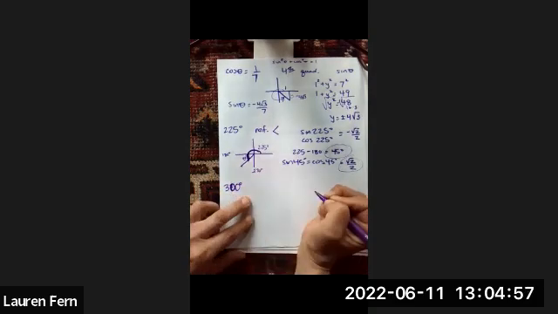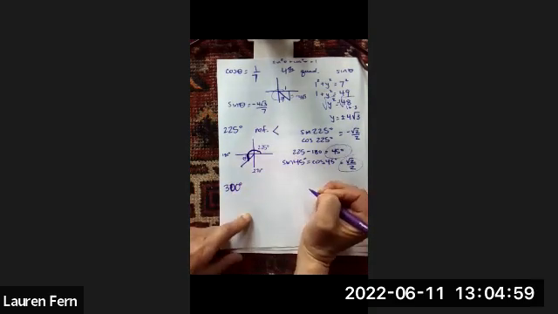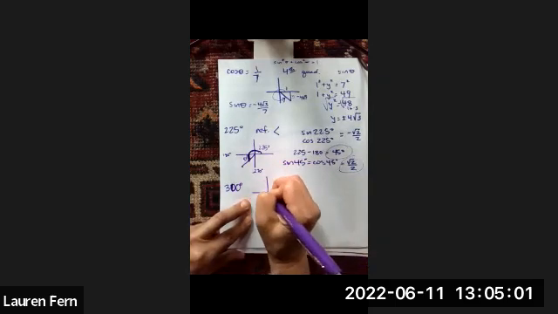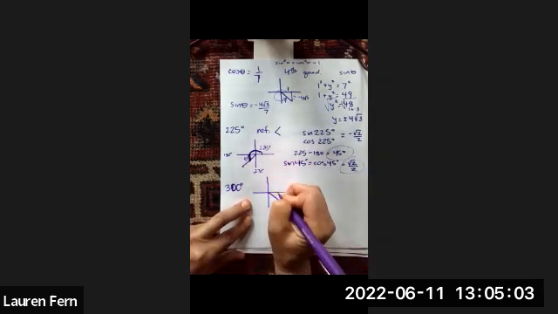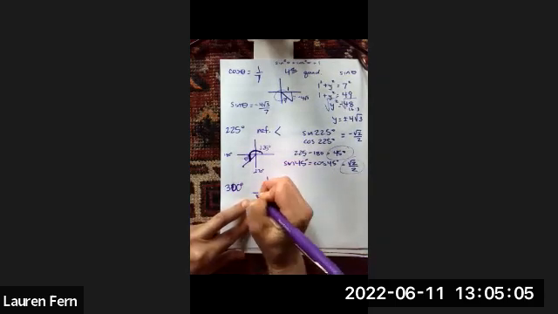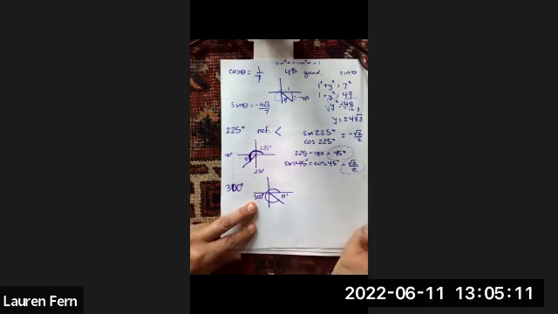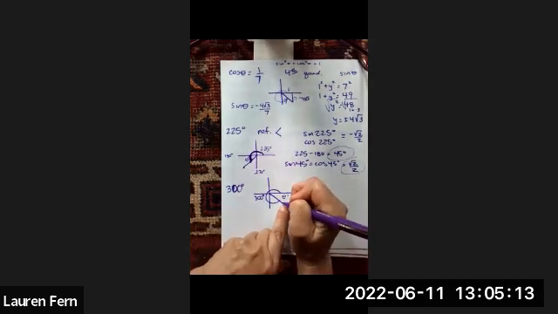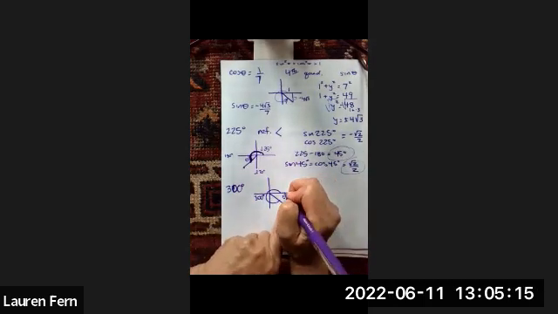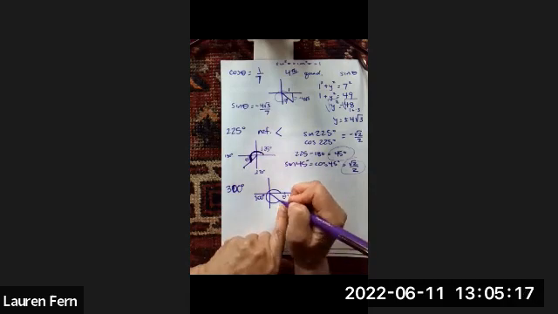Okay, let's now do this with 300 degrees. Okay, where am I for 300 degrees? That's a fourth quadrant angle. Okay, well, we need to find our reference angle. That's right here, between the terminal side and the horizontal axis.